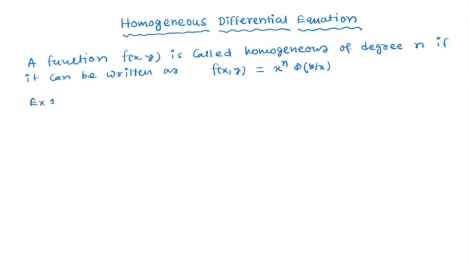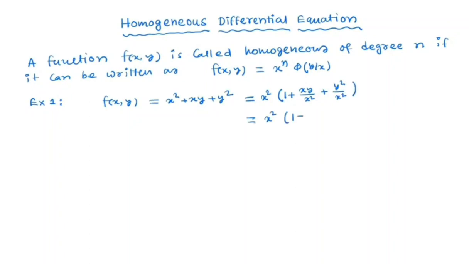So first example, we take f(x,y) is equal to x square plus xy plus y square. Now, is this a homogeneous function? To determine that, we take common x square. So we have 1 plus xy by x square plus y square by x square, which is the same as 1 plus y by x plus (y by x) whole square.